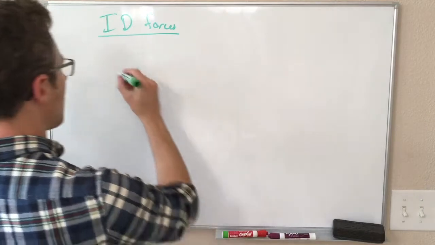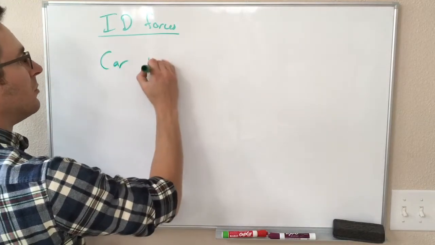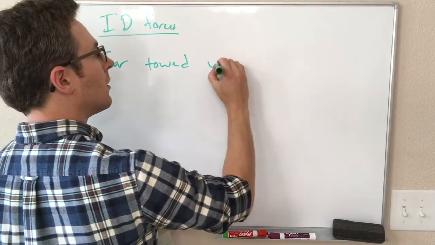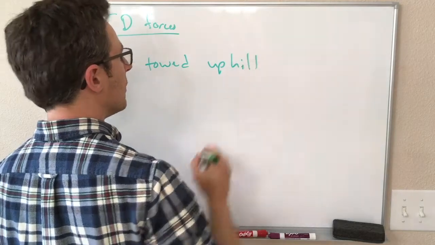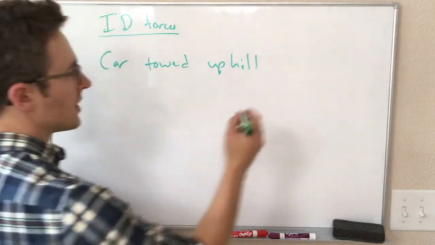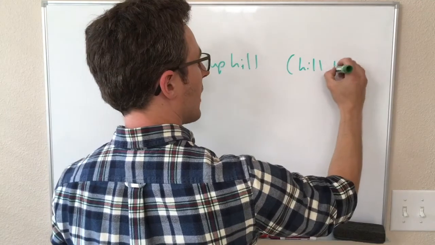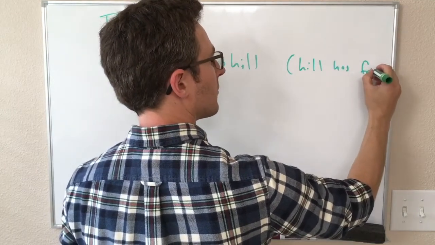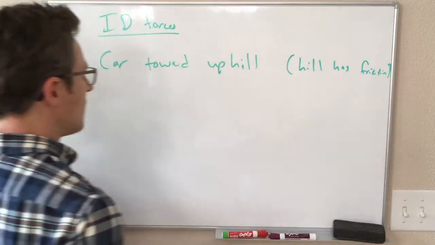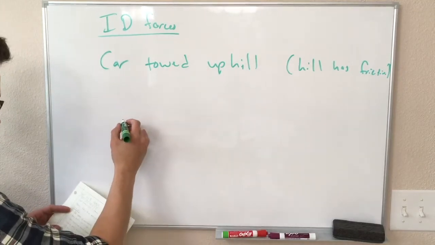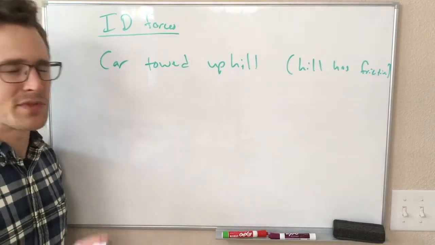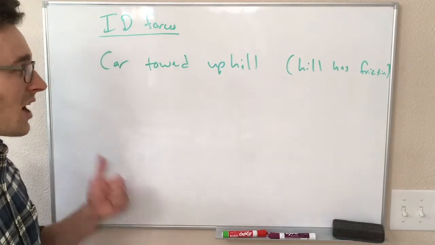Let's say I have a car being towed uphill. And let's say the hill has friction. Okay, so we'll follow the steps for real. So the first step is to ID the system.